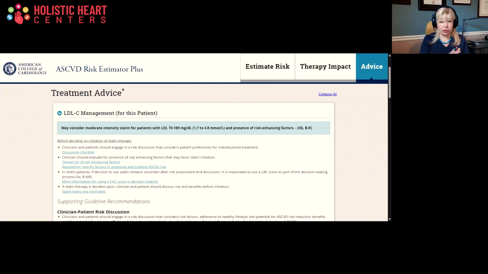So her cholesterol profile is not particularly screamingly bad, right? She doesn't have an LDL cholesterol of 190 or higher. Still, there are things in it, and we can do a lot to modify her risk.